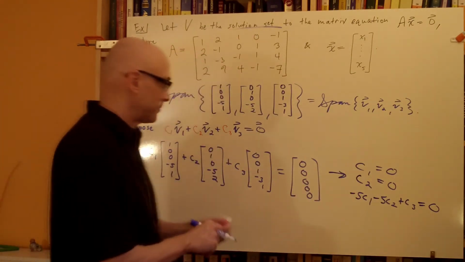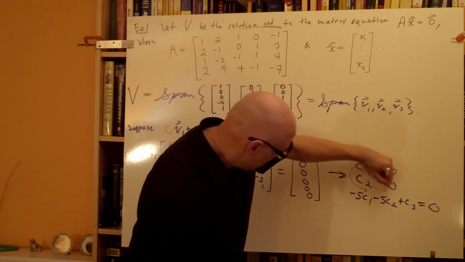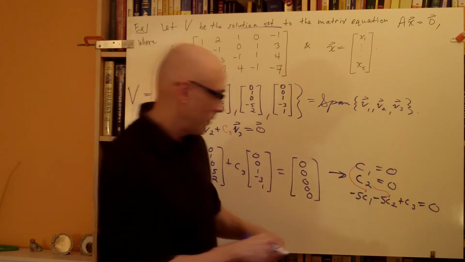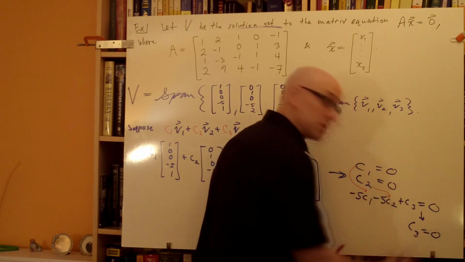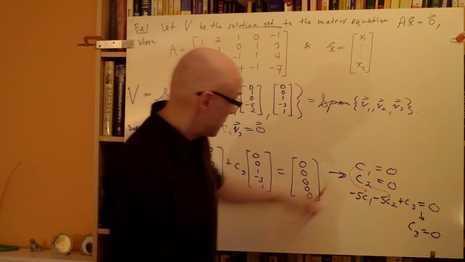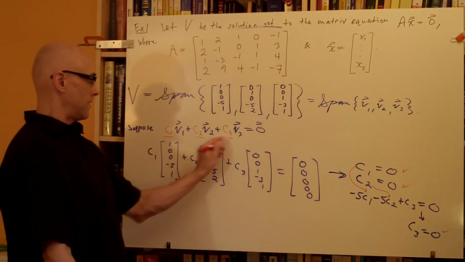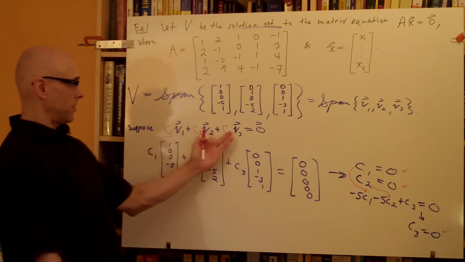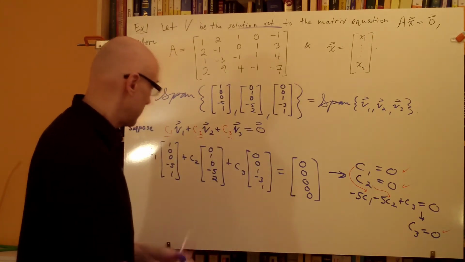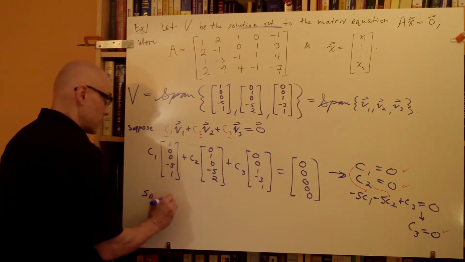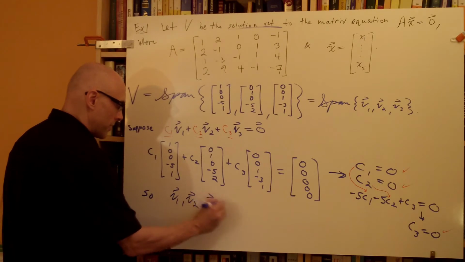So putting that there, and putting that there, we pretty quickly get that C3 is also 0. So C1 is 0, C2 is 0, C3 is 0. So we found out that that's the only way to have this linear combination of V1, V2, V3 equal 0. So the vectors V1, V2, V3 are linearly independent.